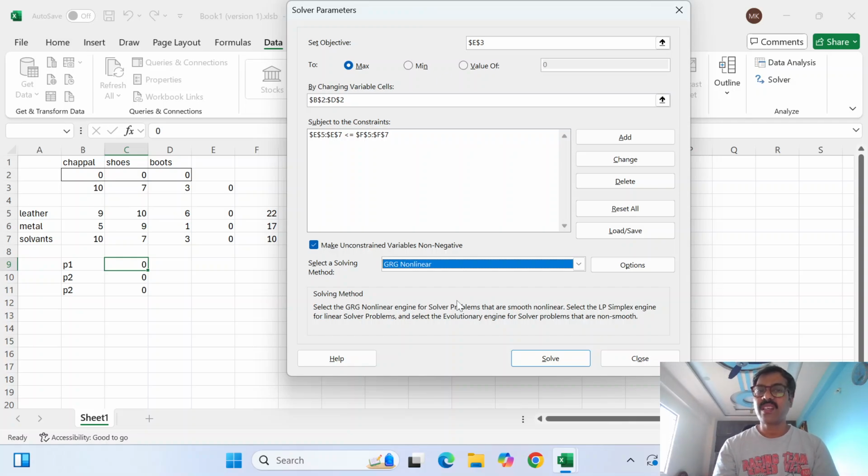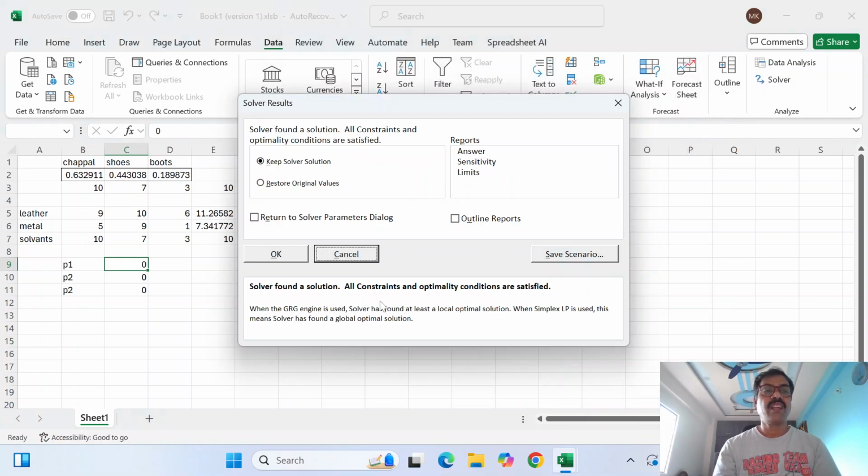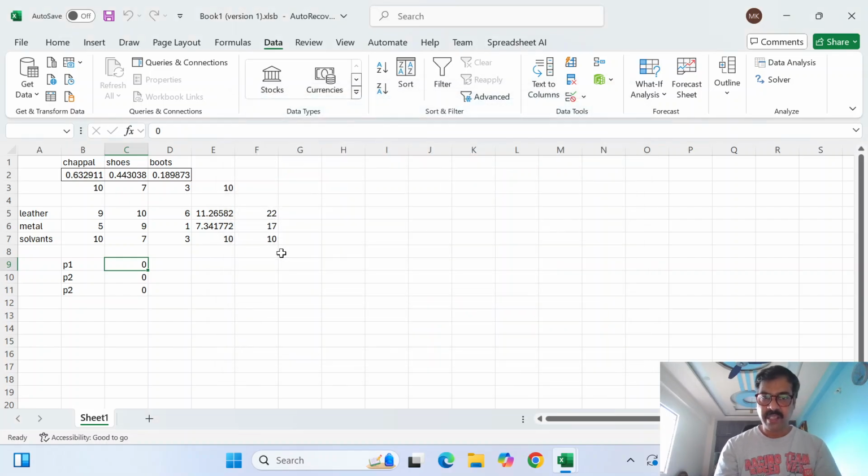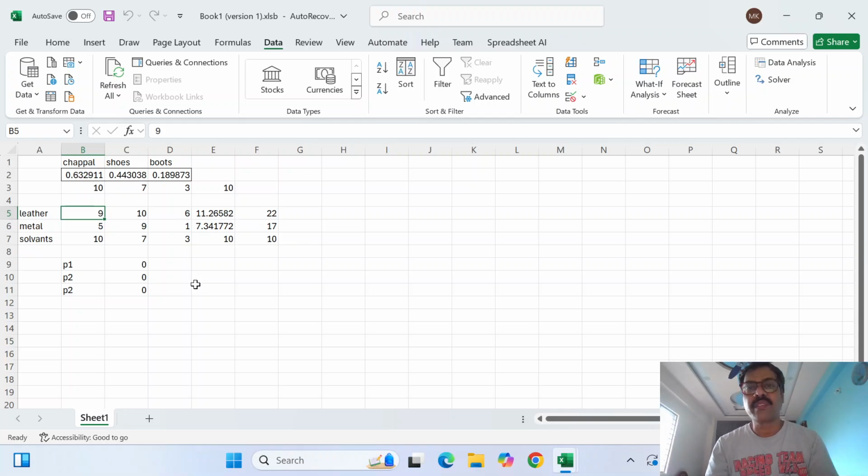Now I am using a non-linear algorithm for the same set of constraints. And now if I solve, I have a different solution. I'll press OK for the time being, and let's go back and see. This is not an acceptable solution, but anyway, the solution depends on the way we input the data. So maybe I need to change my constraints and conditions, which I didn't use for my solution.